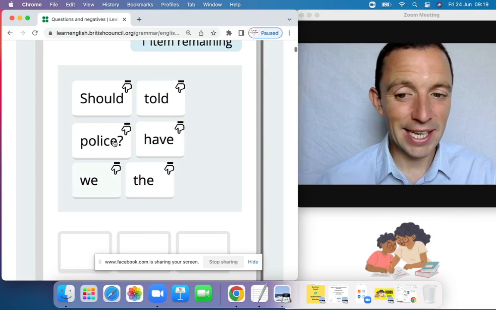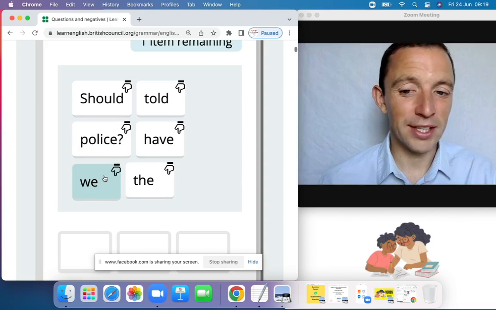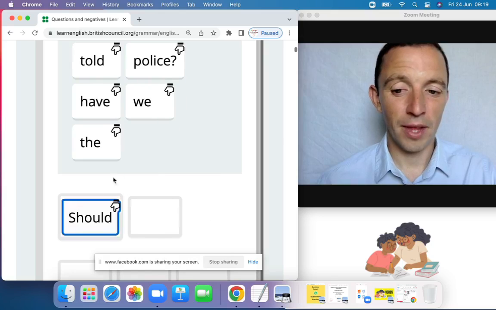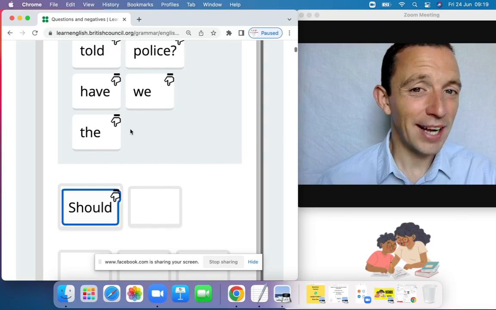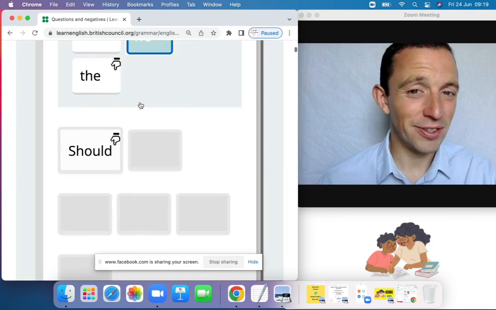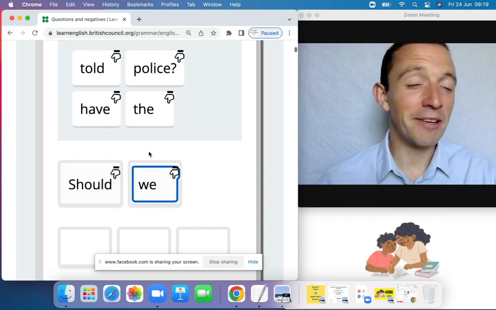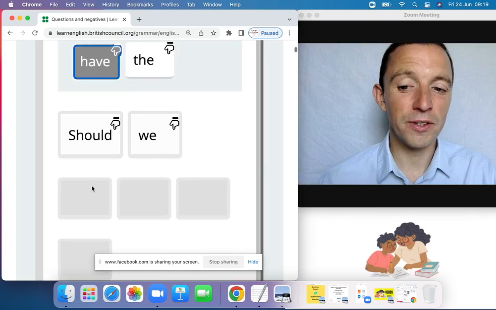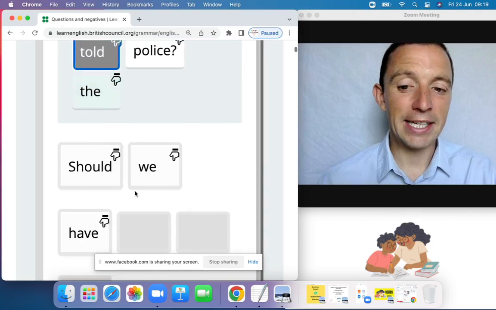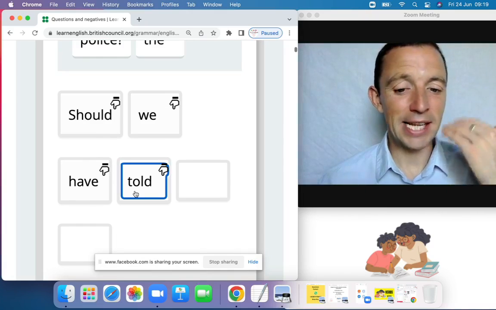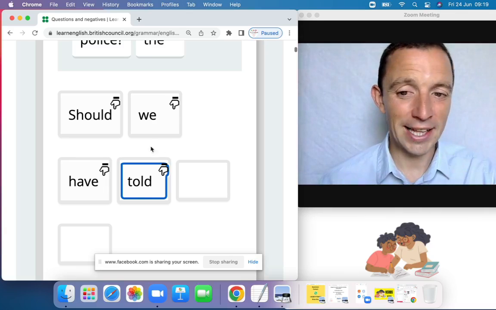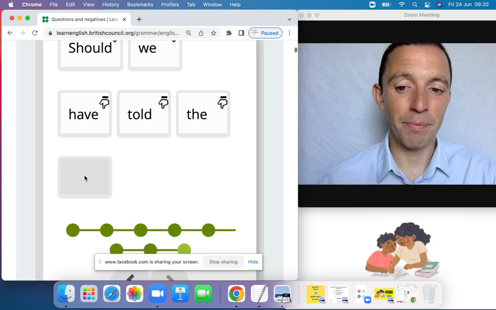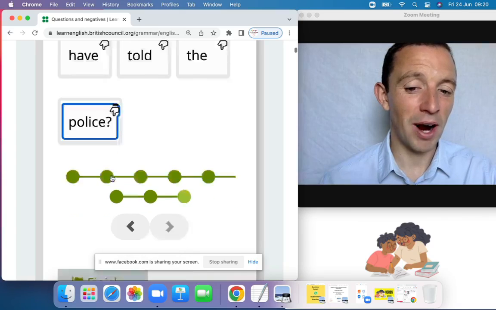The police is the object and we is the subject. So first is the capital letter, should, and next is the subject because of the question. So should we, and now we need the verb form, and the verb combination is should we have told. And next is the object, tell me, tell you, tell him, tell us, tell them, tell the police. And police is the final word with the question mark as well.